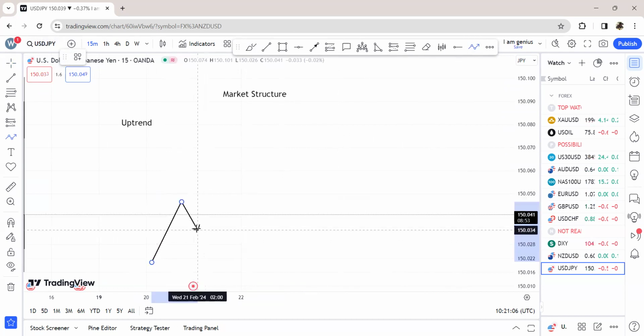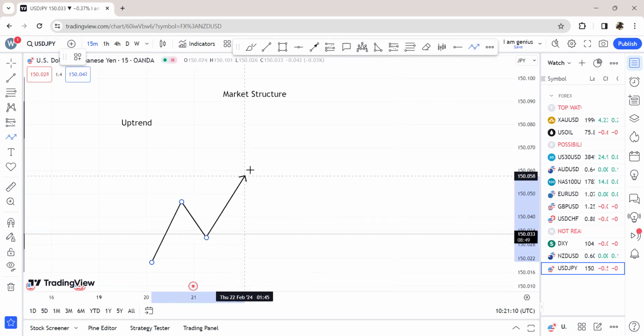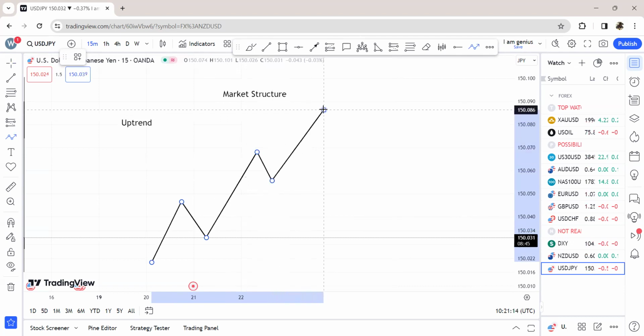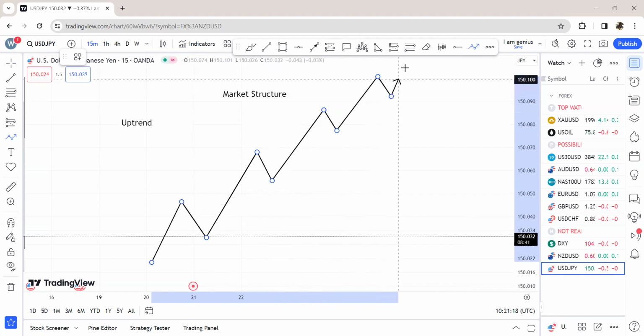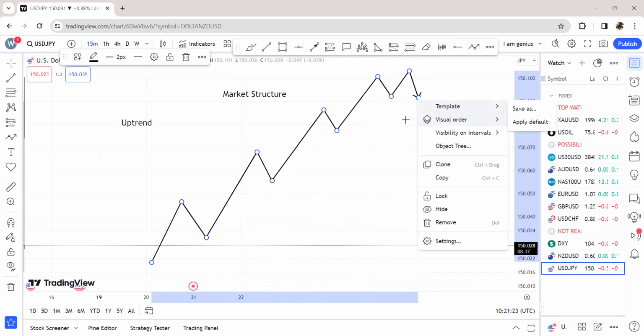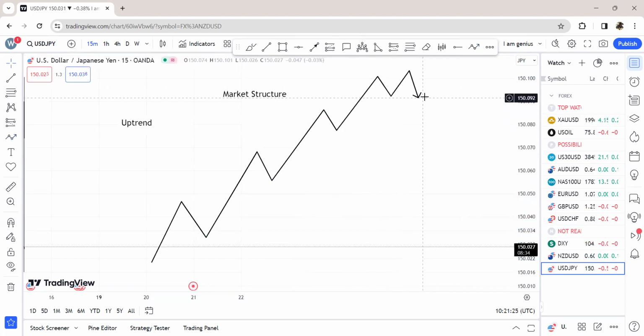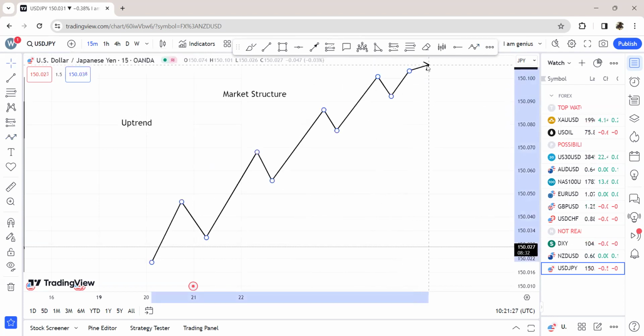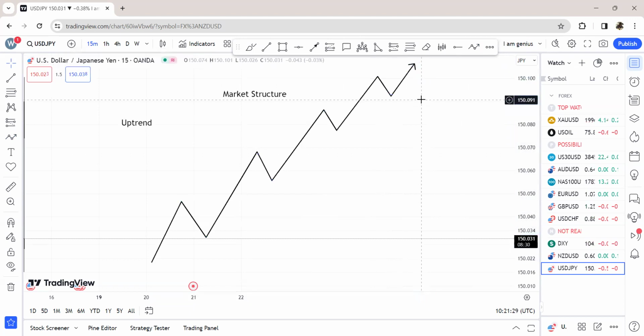So it has an impulsive move, then it makes a retracement, an impulsive move, a retracement, impulsive move, retracement, impulsive move, and retracement. I'm sure you get the idea. So it moves like that.